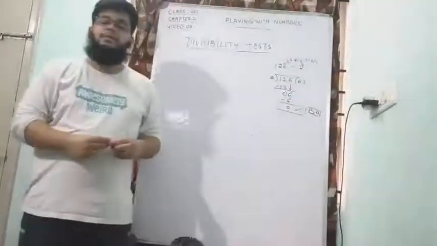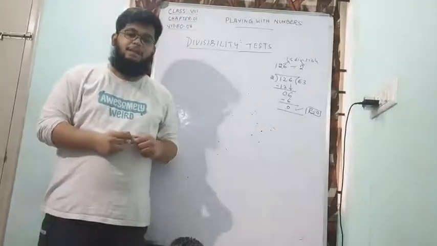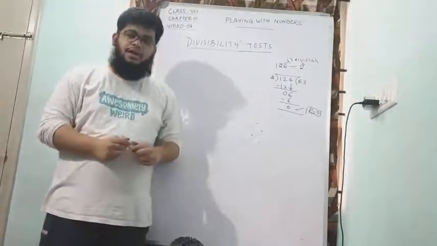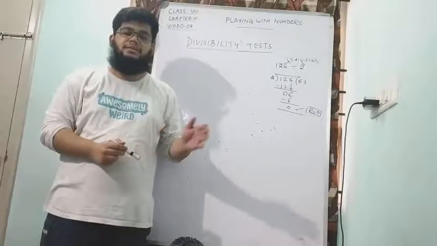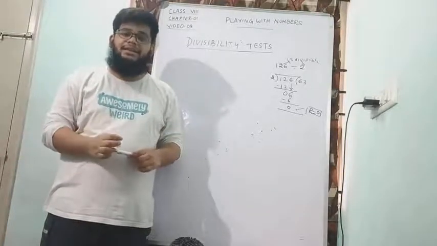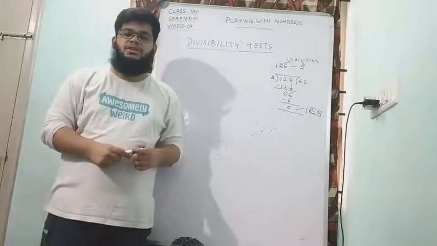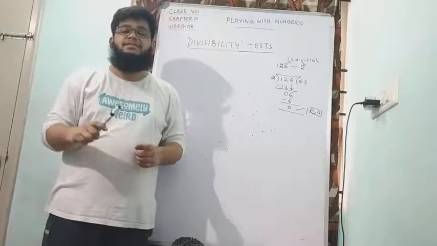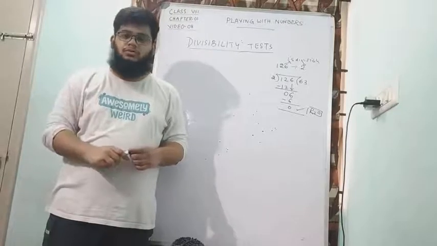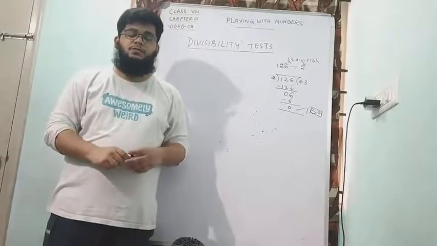Now in today's topic, we will not do division. We'll just learn some rules, something called a divisibility test. And by using that test, without even doing division, you can easily just see the number and tell whether it is divisible by the given number or not. There are rules for so many numbers.